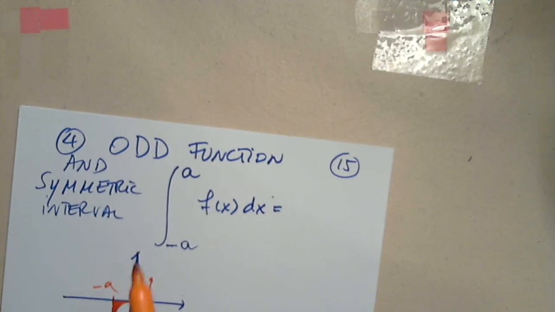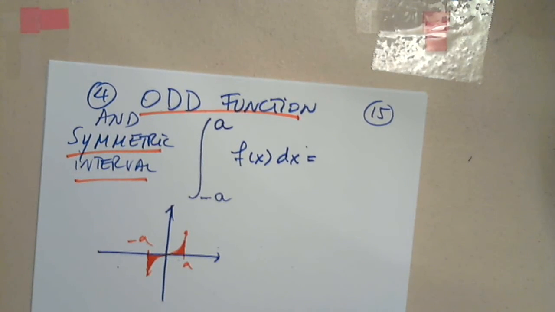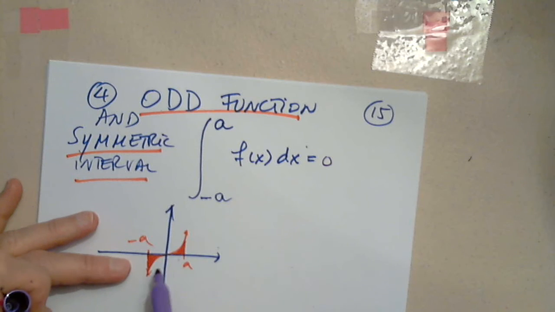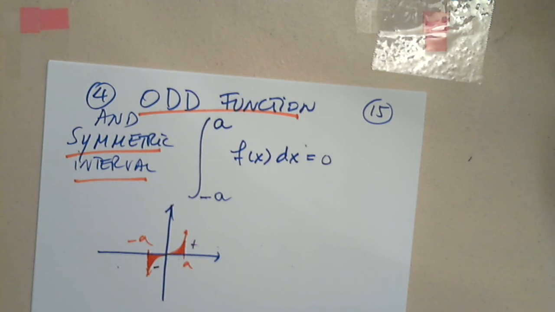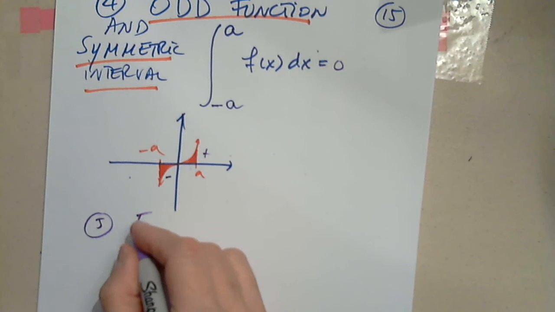Both conditions have to be fulfilled, odd function and symmetric interval. What do you think the answer would be? Any guess? 0. Excellent. Of course. They're identical. One is negative and one is positive. Great job.